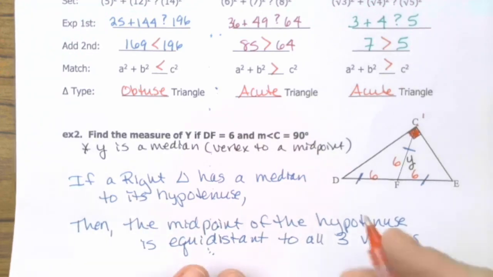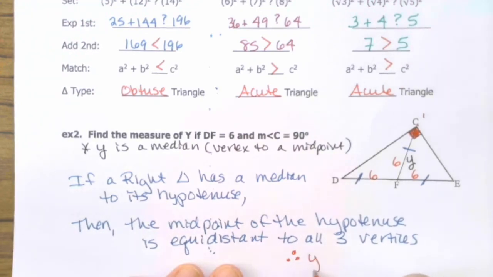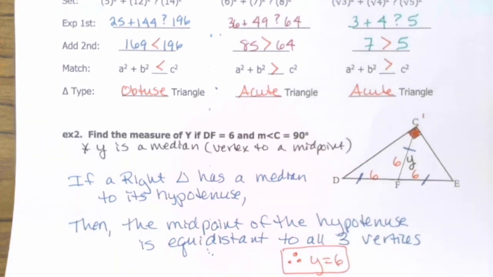And from that, we figure out, therefore, y must be 6. So this is an old theorem that we used to know. I wanted to remind you of it because it's going to come up on the homework.